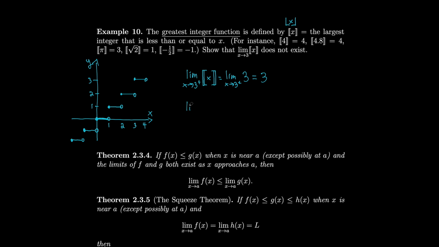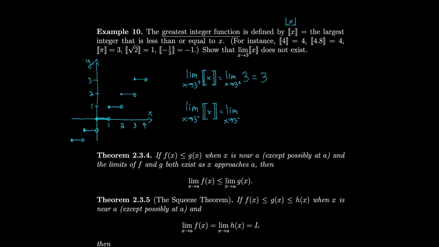Let's look at it from the left now, though. From the left, those are all the numbers that are close to 3, like 2.5, 2.6, 2.8, 2.9, 2.999.